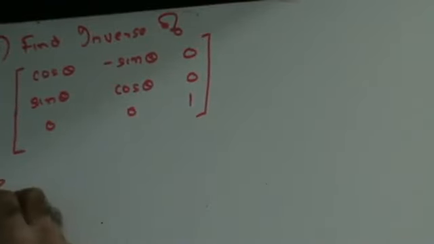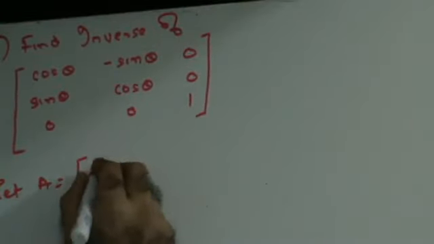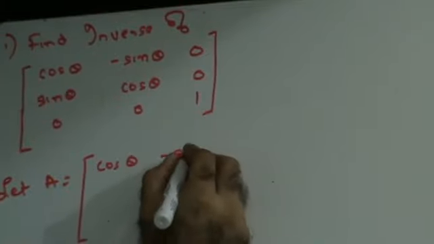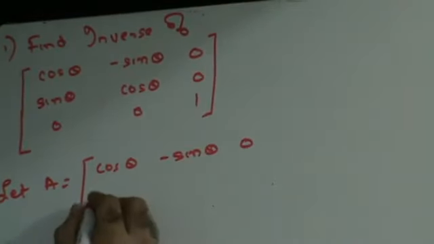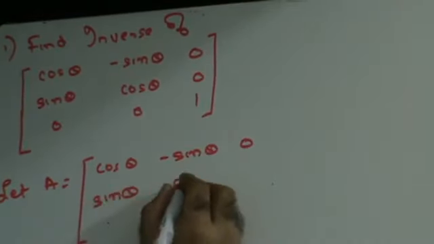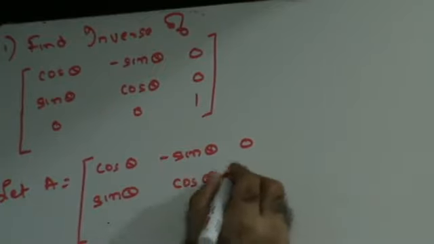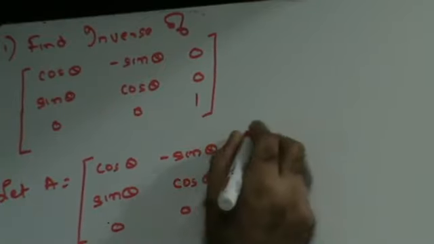Now, first of all, you will say let A be equal to the given matrix, that is cos theta, minus sin theta, 0; sin theta, cos theta, 0; 0, 0, 1.